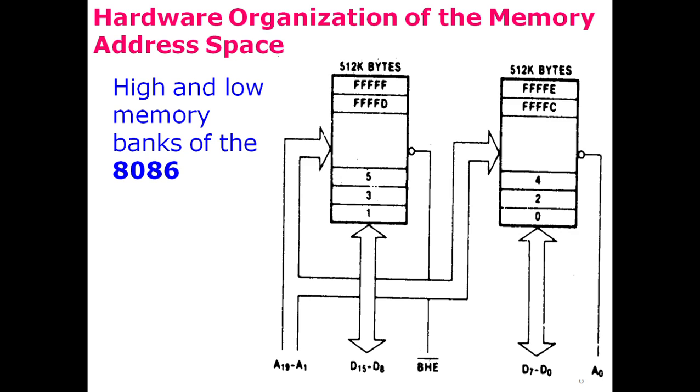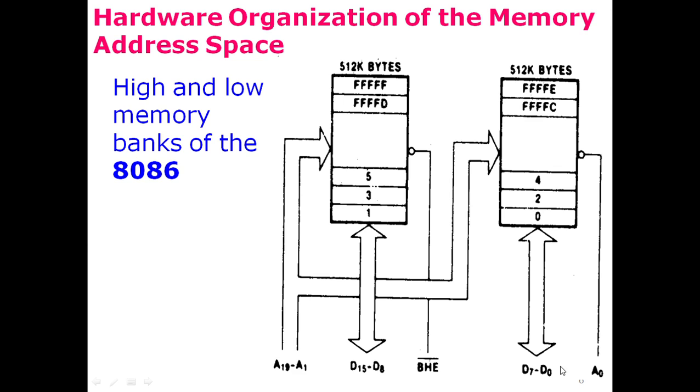This is an active low pin. It is connected with the chip select pin of the bank. So whenever this bank high enable pin provides a 0, this chip is selected, and A0, which is the least significant bit of the 20-bit address, is connected with the low bank.